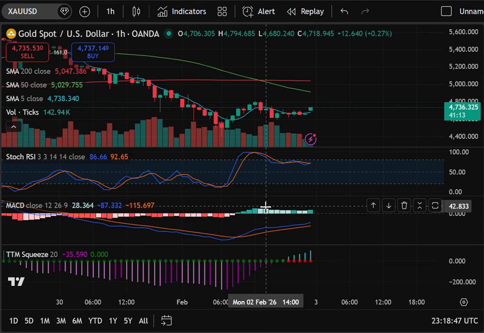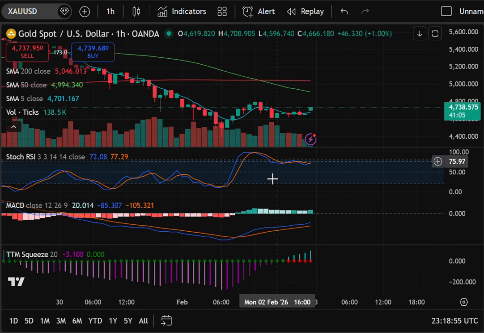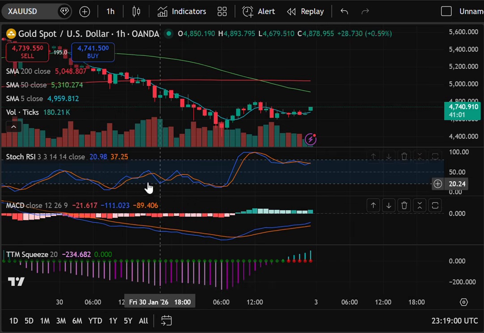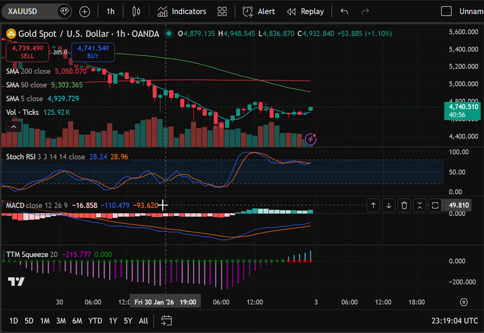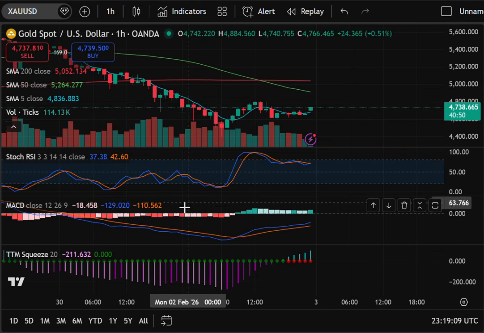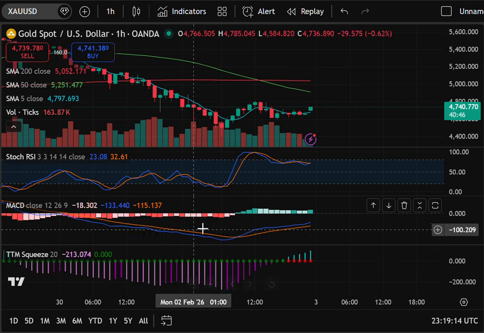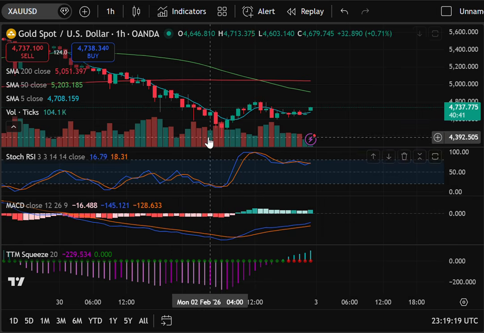But once you start hitting lighter rectangles, that means it's going to start decreasing a little bit. It doesn't mean that it's going to decrease completely, because if it is, you'll start seeing the dark red rectangles, which is exactly what's happening right here. It's continuously decreasing, and when you see the light purple rectangles, those are an indication that it will attempt to recover.